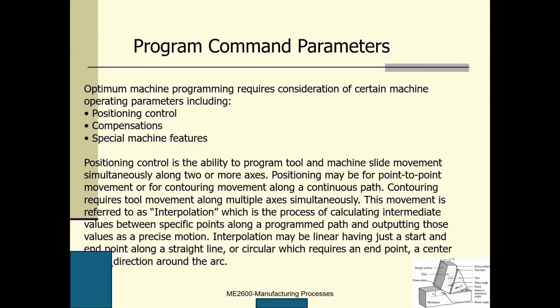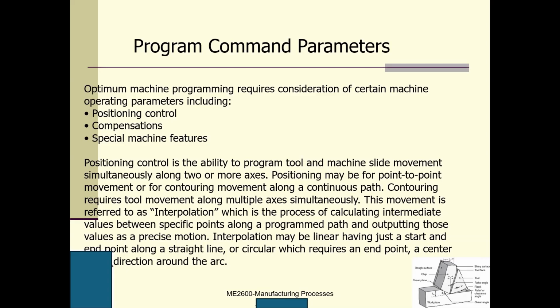Interpolation means that I have different points, some positions are unknown, and I find other locations in between. It is the process of calculating intermediate values between specific points along a programmed path and outputting those values as precise motion.